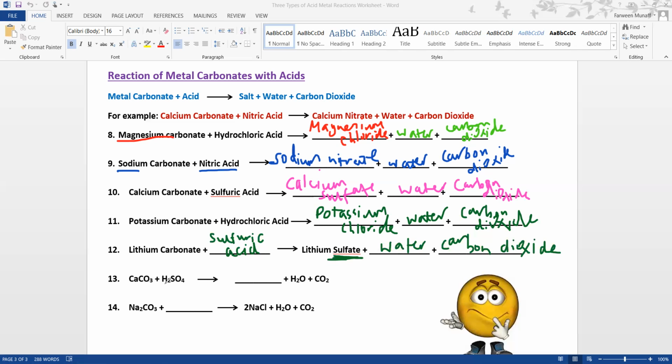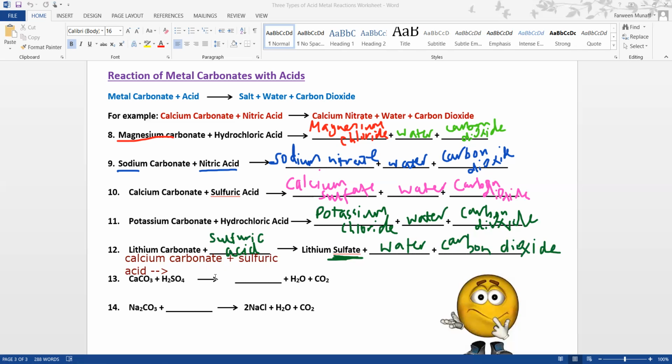So let me write this down so it's clear. If this is calcium carbonate plus sulfuric acid, we'll write sulfuric acid, not hydrogen sulfate, just to avoid confusion. Okay, so that's the basic idea. Calcium carbonate plus sulfuric acid.